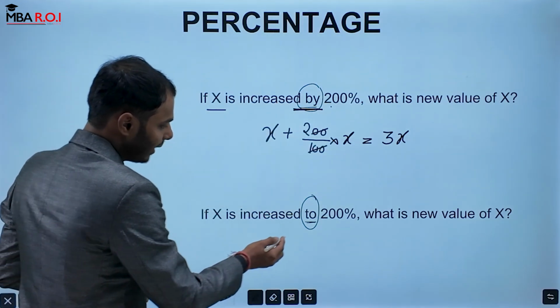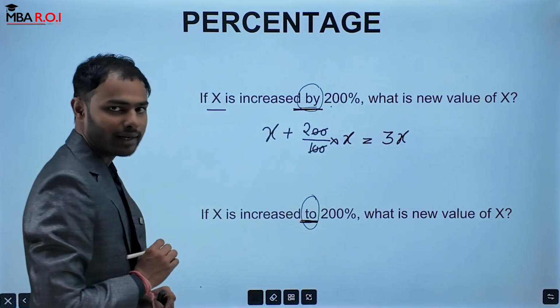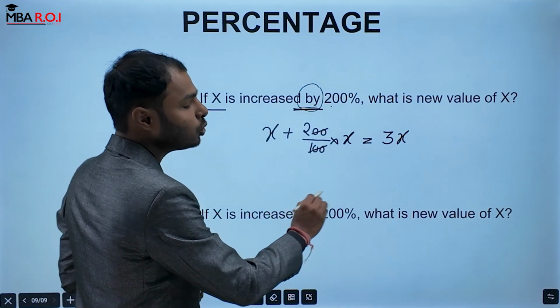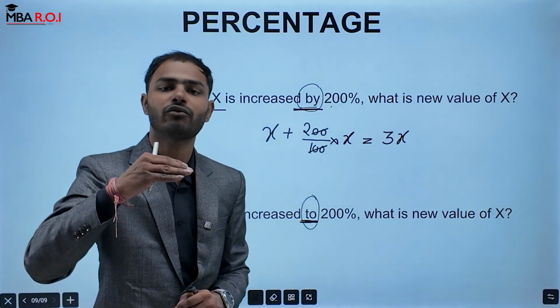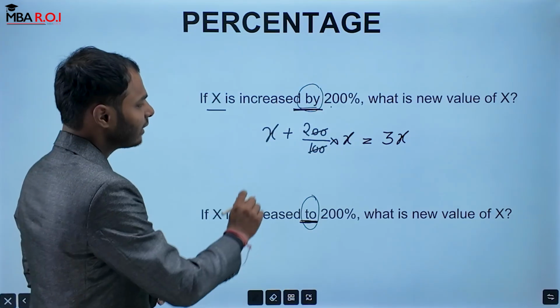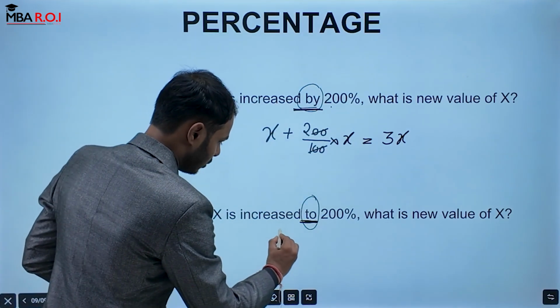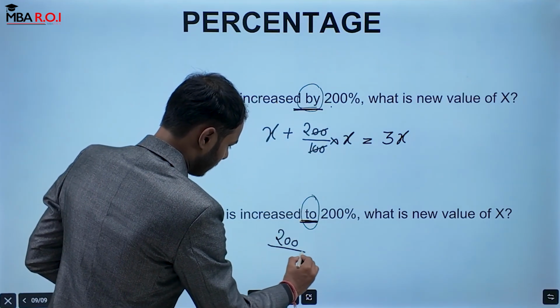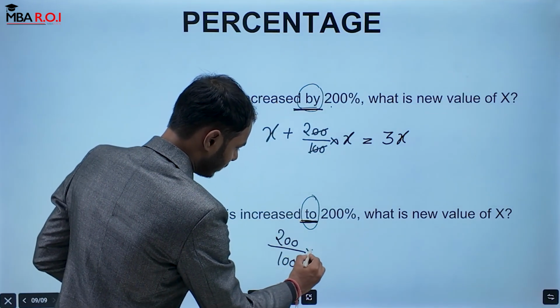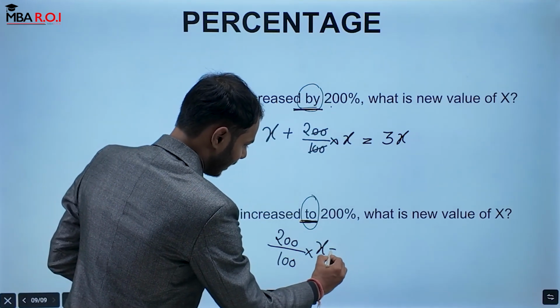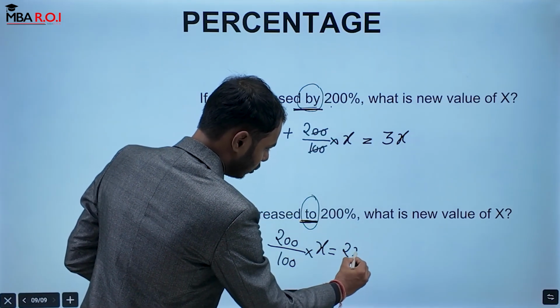Similarly, when we have increased to, if x is increased to 200%, it means that we have to reach that level only. So here we do not have to do any kind of addition. We just need to find 200% of the initial value, which in this case is x, and our answer will finally be 2x.